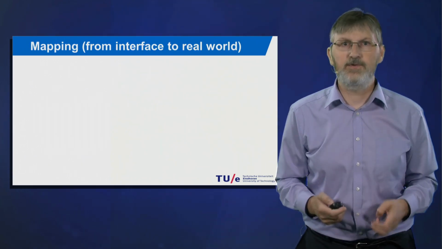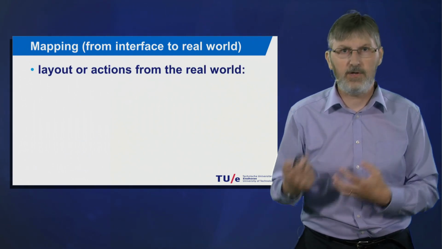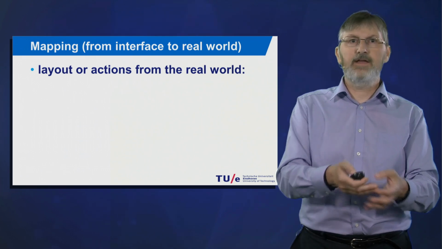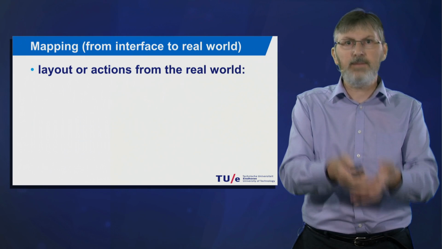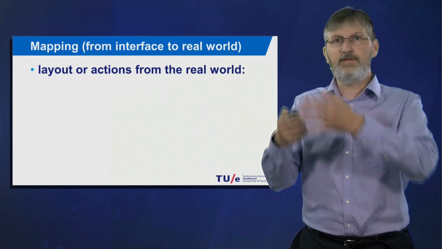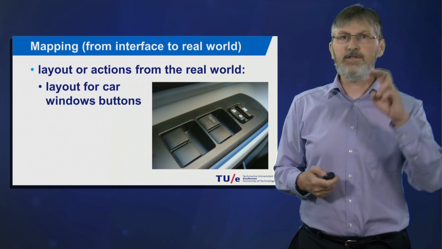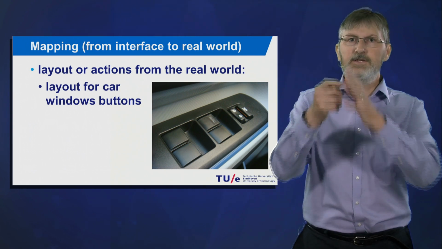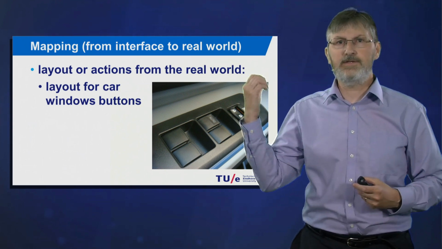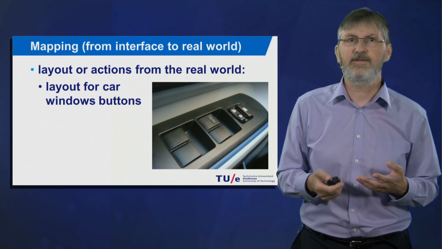Then we can also make use of mapping from interface to real world. The layout and the actions used in the interface can be made to resemble their equivalent in the real world. Take, for instance, the buttons used to open and close the windows in a car. The image here shows the buttons from the Toyota Prius, happens to be the car that I drive.